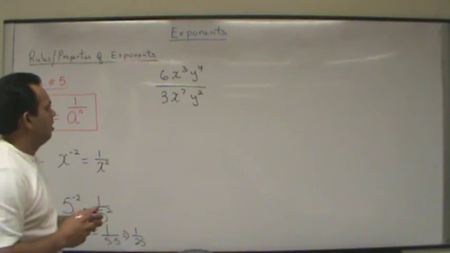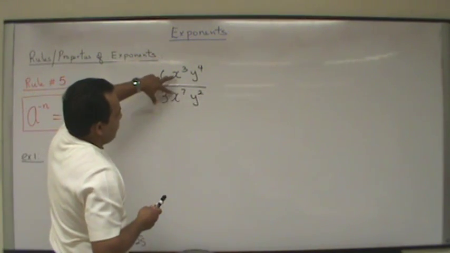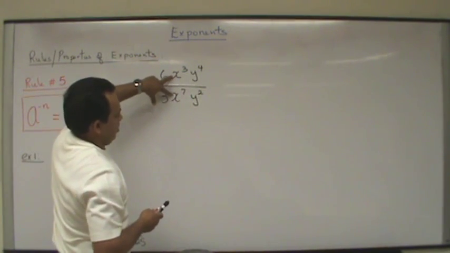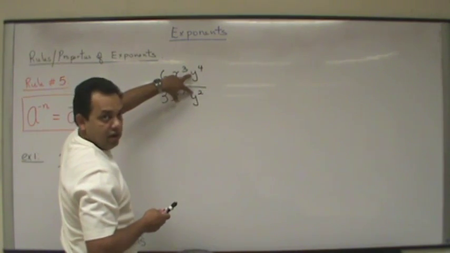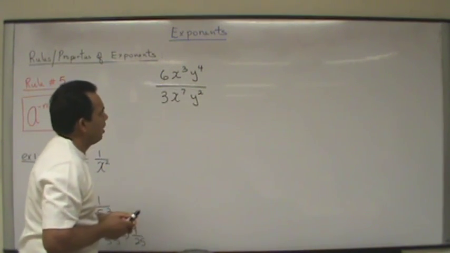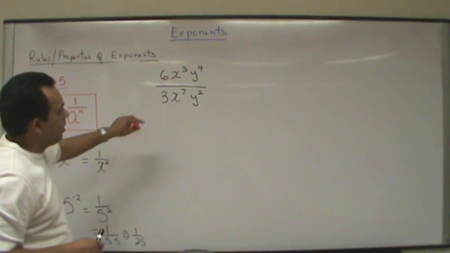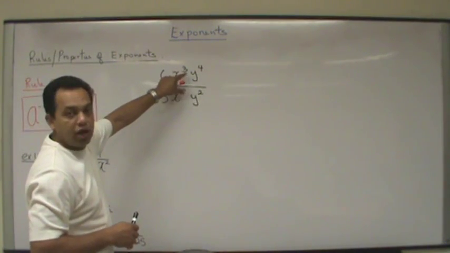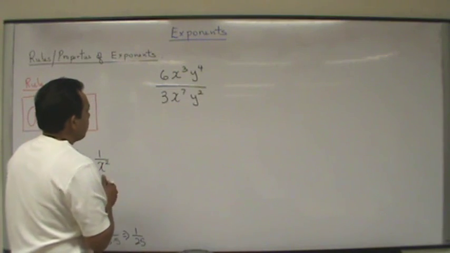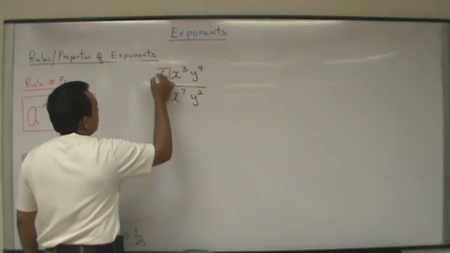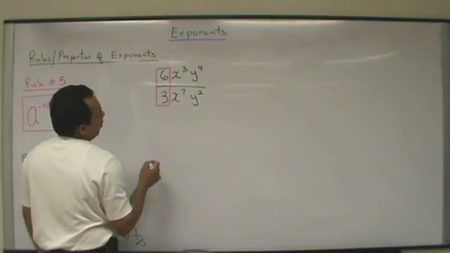Let's see what happens. Well, we have same bases. X is in the numerator and denominator. Same with y, numerator and denominator. We have learned in one of the prior rules that when we're dividing and the bases are the same, we subtract the exponents. Well, we have coefficients here also. So 6 divided by 3 is 2.